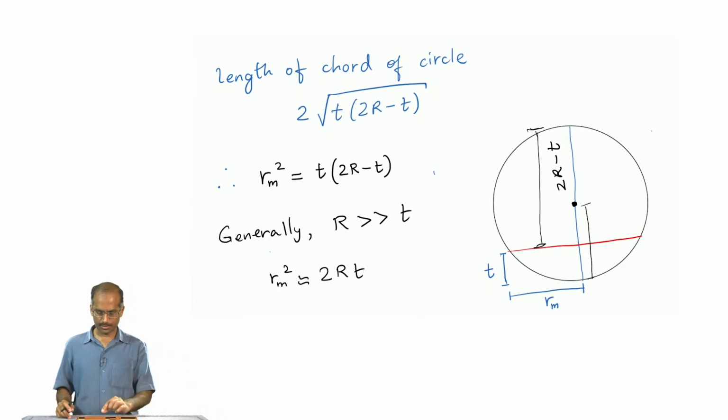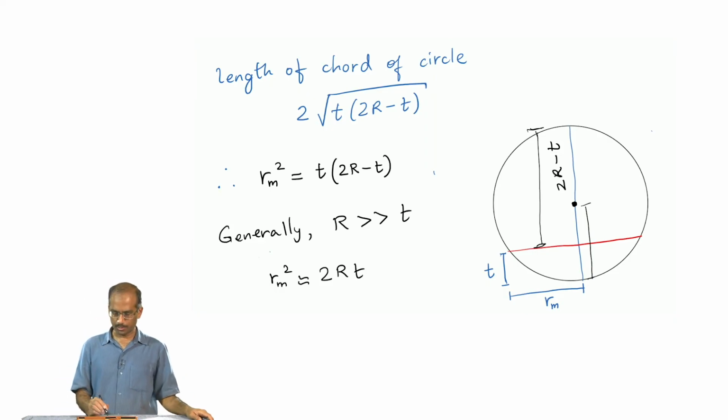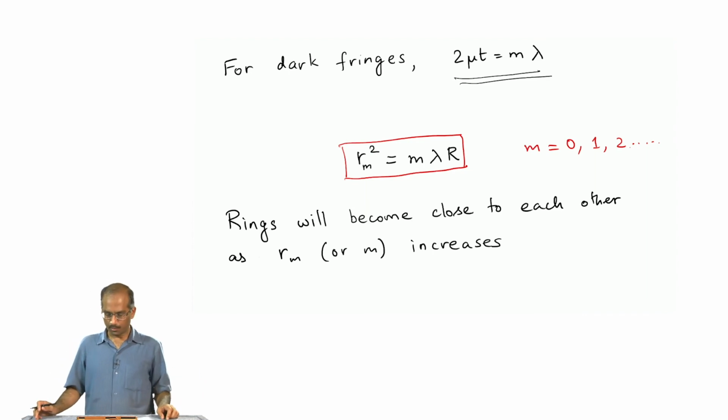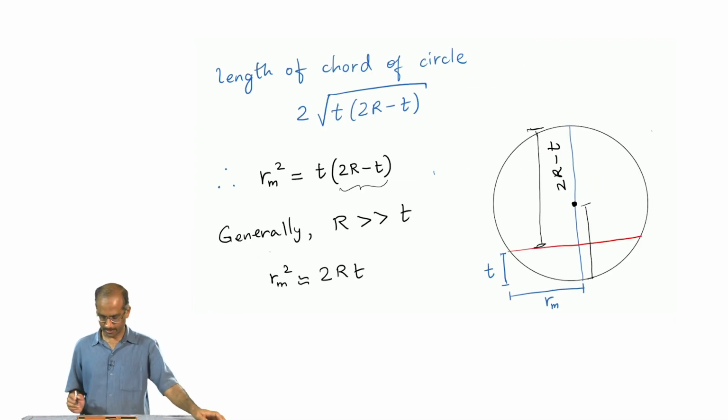In general in these things we often use a thin lens. So, this thickness of air column will be very small, and the radius of curvature will be much larger than this T, in which case I can ignore this T in this factor 2R minus T. For dark fringes we already saw this relation, 2 mu T equal to m lambda, is what would happen for dark fringes. Now, what I am going to do is to simply use this relation that I got here.